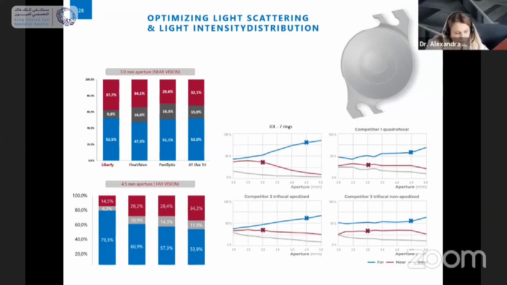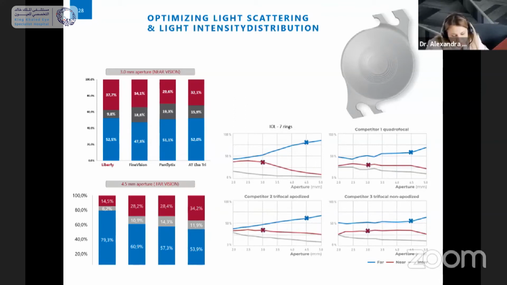But if you look again, this is the lens with 7 rings, this is a quadrifocal lens, this is a trifocal non-apodized, and this is a trifocal apodized. And here you can see the near is red. So for near vision, you see that with 7 rings, there is maximum energy for near vision here.